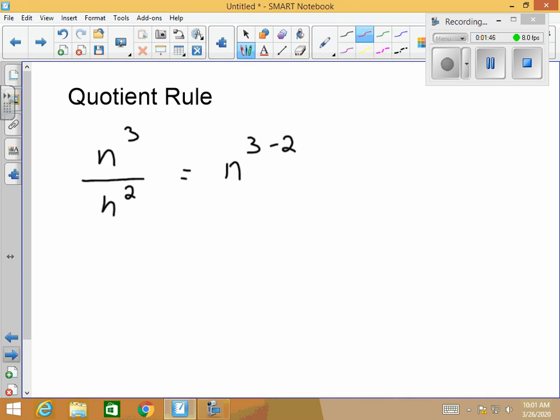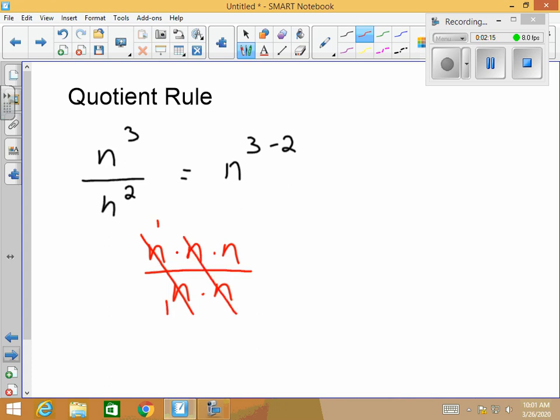As we take a look at n cubed over n squared, I'm going to back this up and write it in expanded form. n cubed is actually n times n times n. n squared, on the other hand, is simply n times n. We're all in multiplication and division, so I can reduce this, and anything divided by itself, so n over n, works out to be 1 over 1, or simply 1.